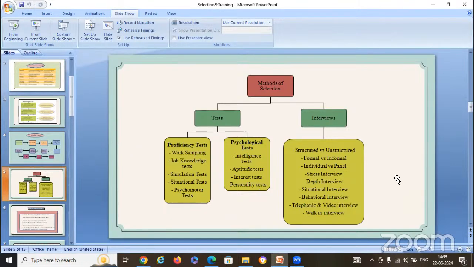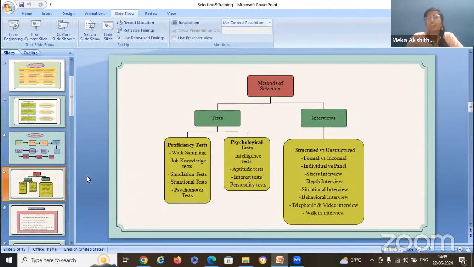Ma'am, could you elaborate on this personality job fit theory? Personality job fit theory. We can decide whether a certain type of personality would be the best fit for certain types of jobs, right?